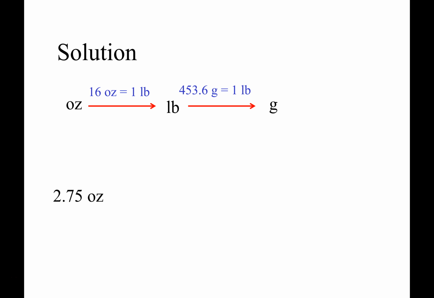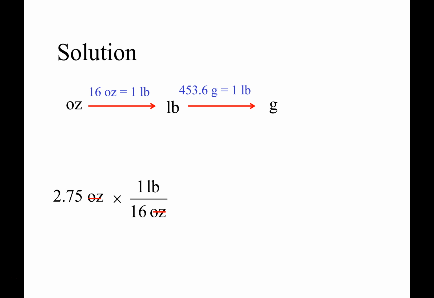So if we want ounces to cancel, how can we use this up here to our benefit? 16 ounces is equal to 1 pound, so it'd be 1 pound over 16 ounces. Yep, exactly. If you keep up with it as we go, notice I scratched off that units of ounces cancel. So we're down to units of pounds.